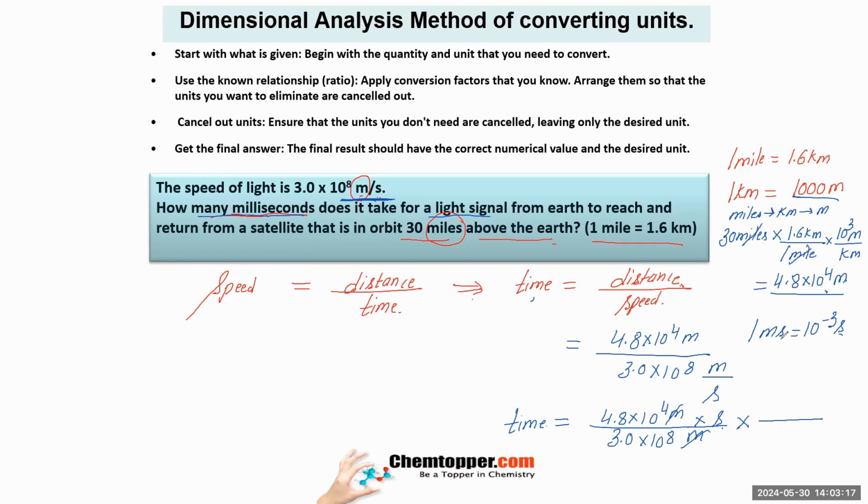I want my unit milliseconds, so millisecond will be in the numerator divided by 10 raised to power minus 3 seconds. When you solve it, you will get the answer as 1.6 times 10 raised to power minus 1 milliseconds.